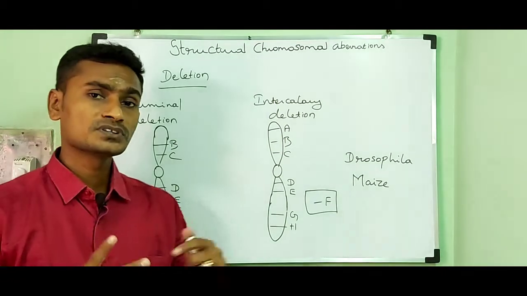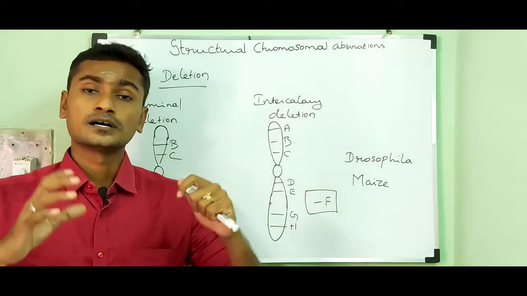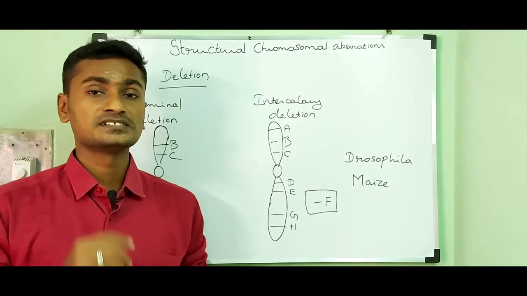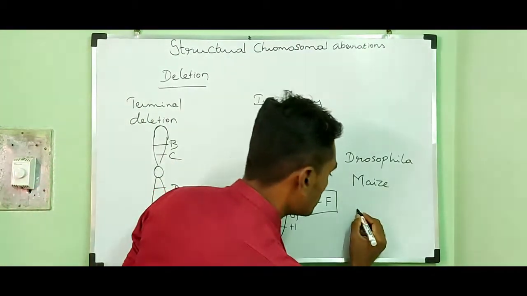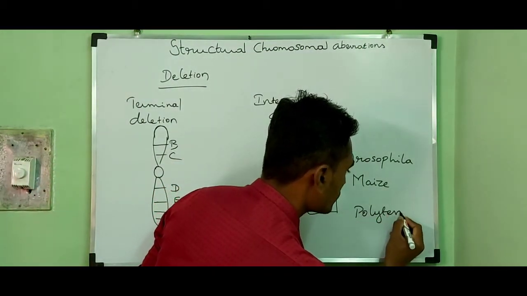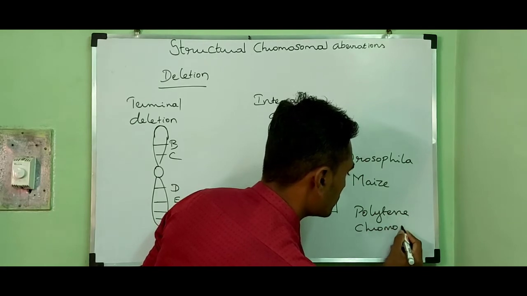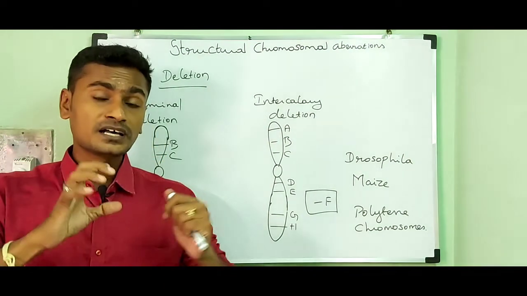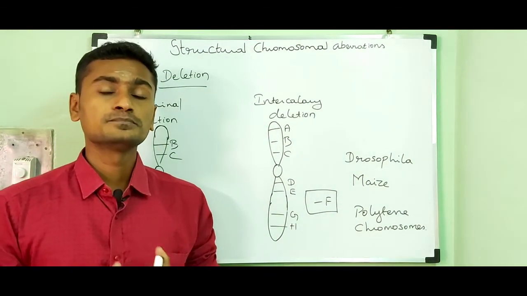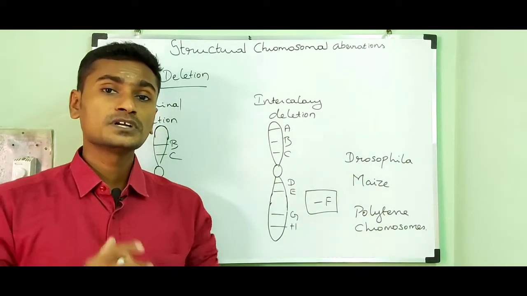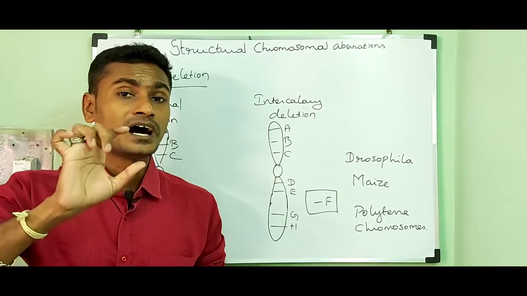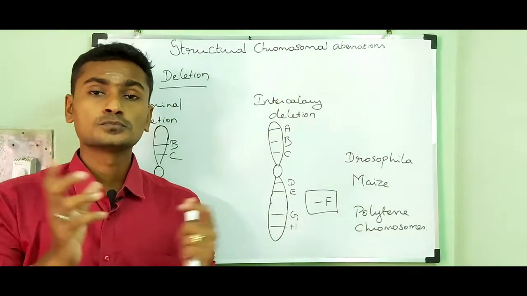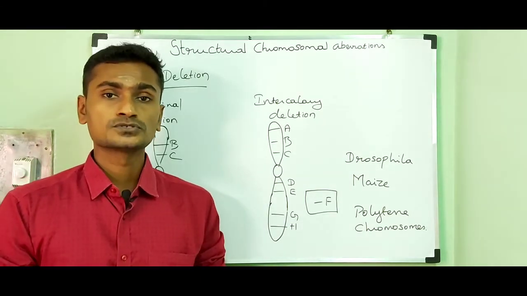Both types of deletions can be observed under meiosis, in the pachytene stage, and in polytene chromosomes. Then you can find an unpaired loop on the normal chromosome part at the time of chromosomal pairing.